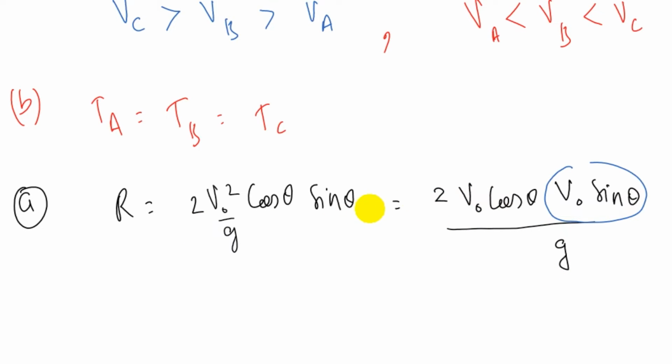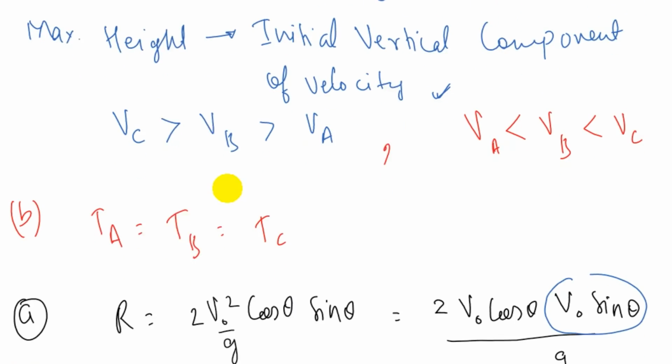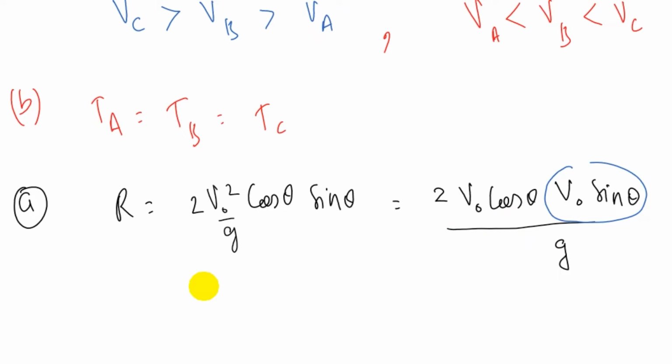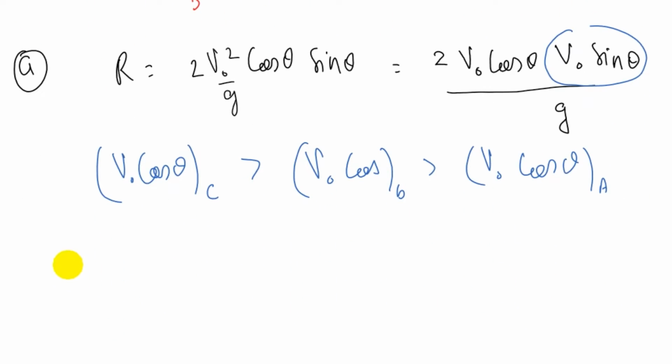Now the range is maximum for which case? For case C. So we can say that v0 cosine theta would be maximum for case 3, or case C basically. So v0 cosine theta for projectile C will be maximum. So this will be greater than v0 cosine theta for B, then greater than v0 cosine theta for A. Now speed is basically what?